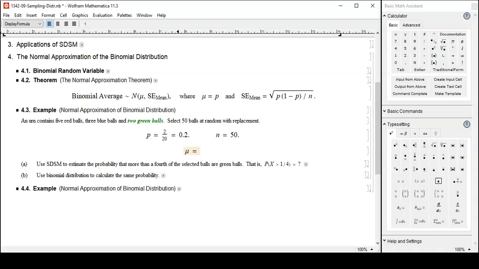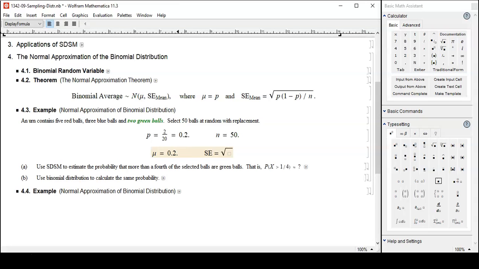So the expected value is equal to P, so 0.2. And the standard error is the square root of P times 1 minus that, that is 0.8, divided by, what's the repetition? 50.